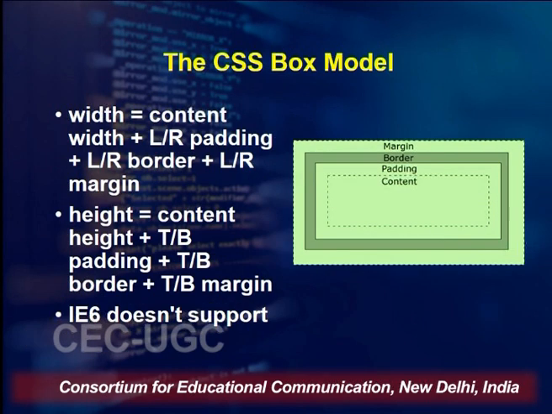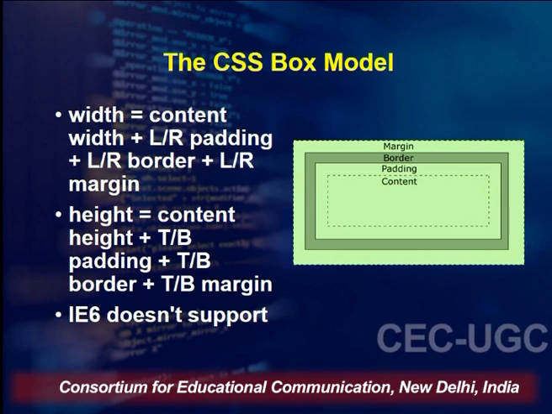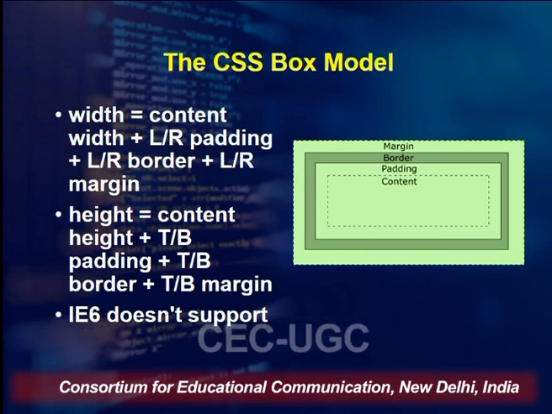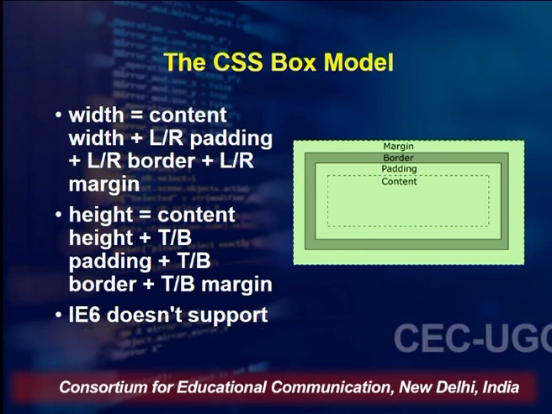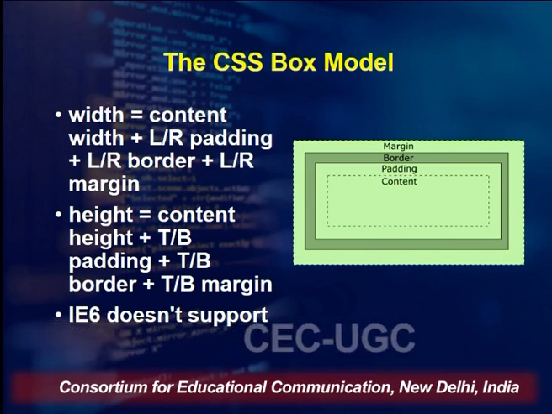websites. For example, you have the width. So you have the property of the width. What is width? It is the content width plus the left and right padding width plus the left and right border width plus the left and right margin. That is the entire width of that particular tag.